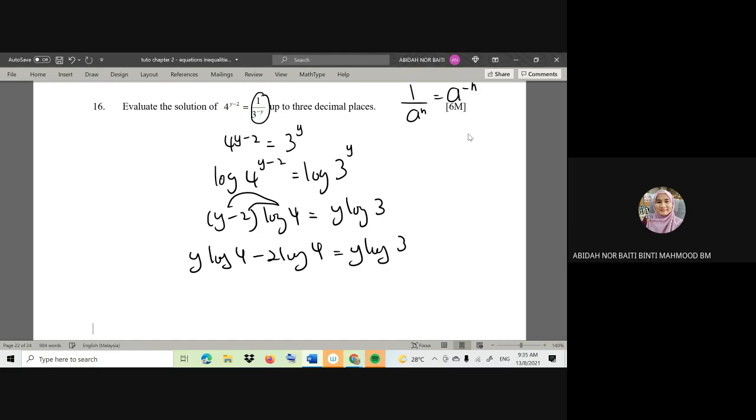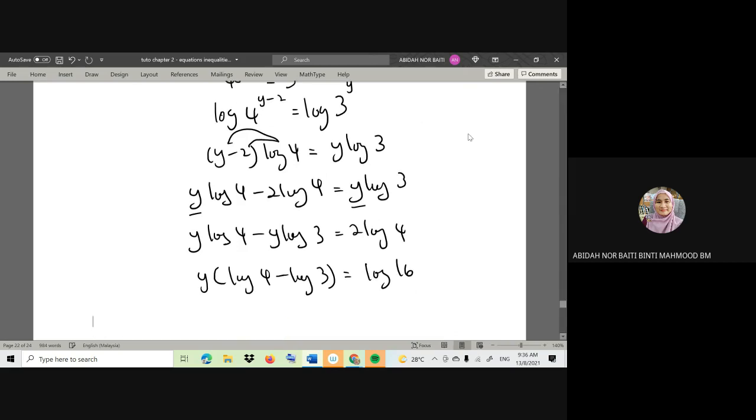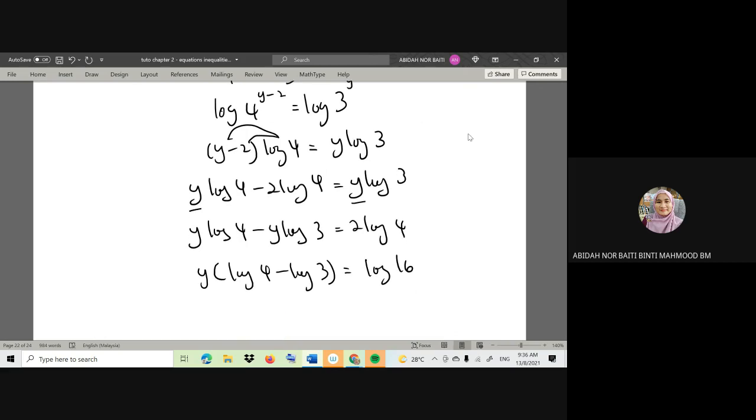So gather the terms where you see y. This is y, this is also y. So rearrange. So y log 4 minus y log 3, equal 2 log 4. Then we factorize y. So we get log 4 minus log 3 equal, this is log 16, 4 squared is 16.